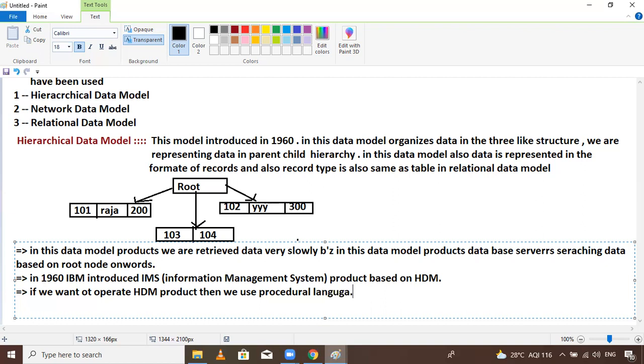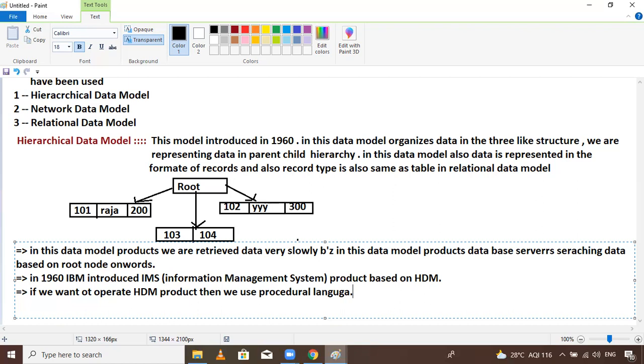Now next is the network data model. This data model was introduced in the 1970s. This is the main intention: there was a committee, and the committee introduced this data model.